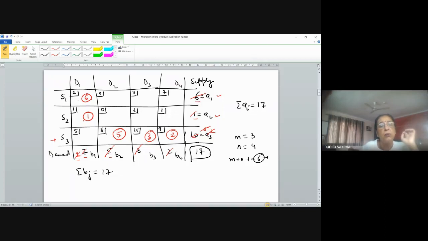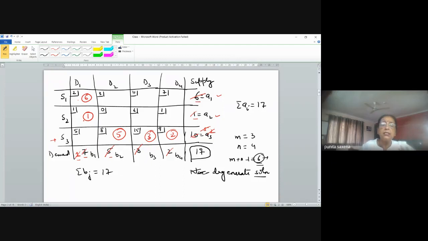In this case, we have made 5 allocations, which is not 6. So this is a case of degeneracy. Sorry, I was about to write non-degenerate. So this is a degenerate solution.